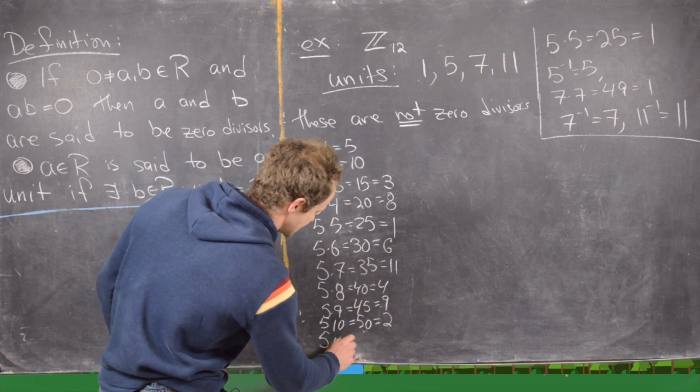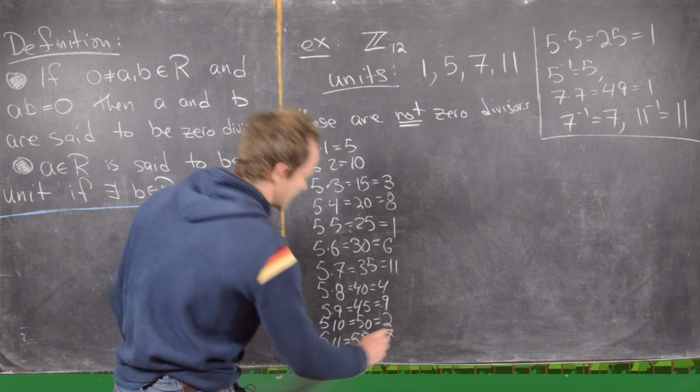And finally, 5 times 11 is equal to 55, which is the same thing as 7.